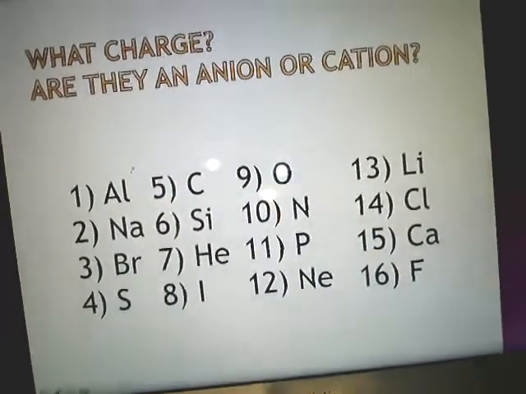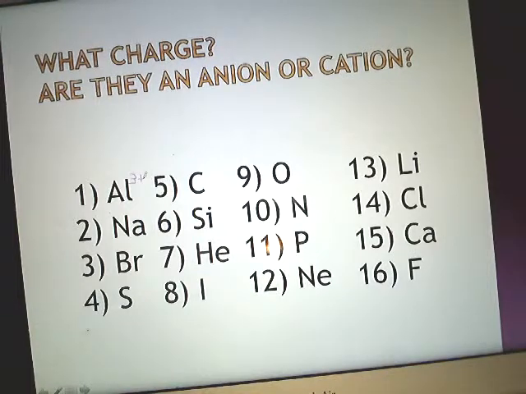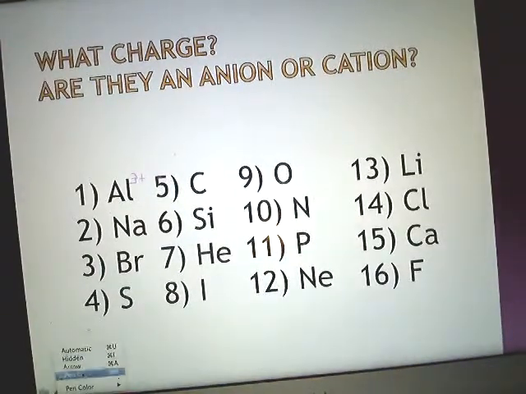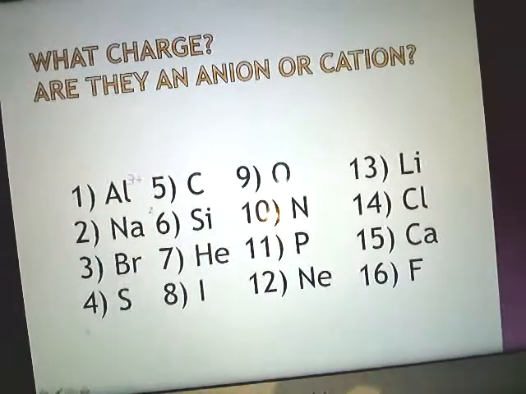Okay, let's actually write this out. Aluminium, 3 electrons in its outer shell. It will lose the electrons and become Al3 plus. I'm actually not going to write in that color because it's not coming out well. Maybe a blue.